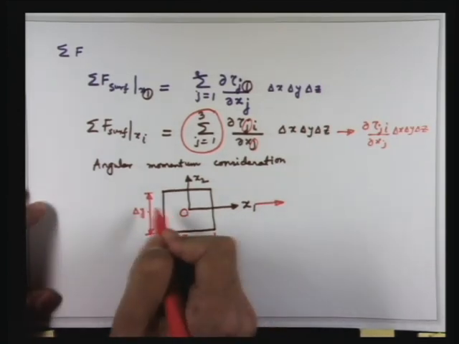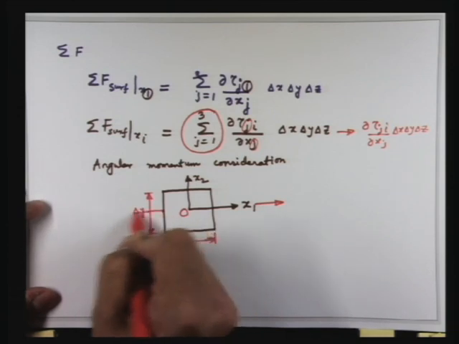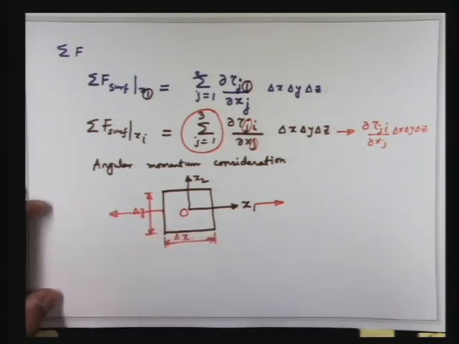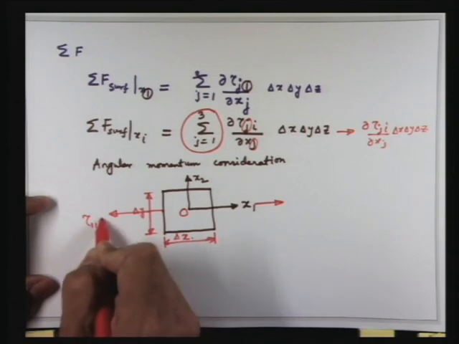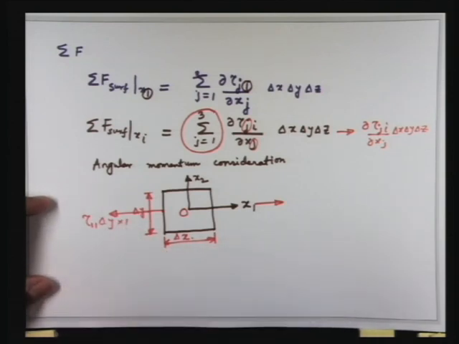Let us consider the normal component of force. The normal component of force is what? Tau 1 into delta y into the width of the fluid element, let us say 1.